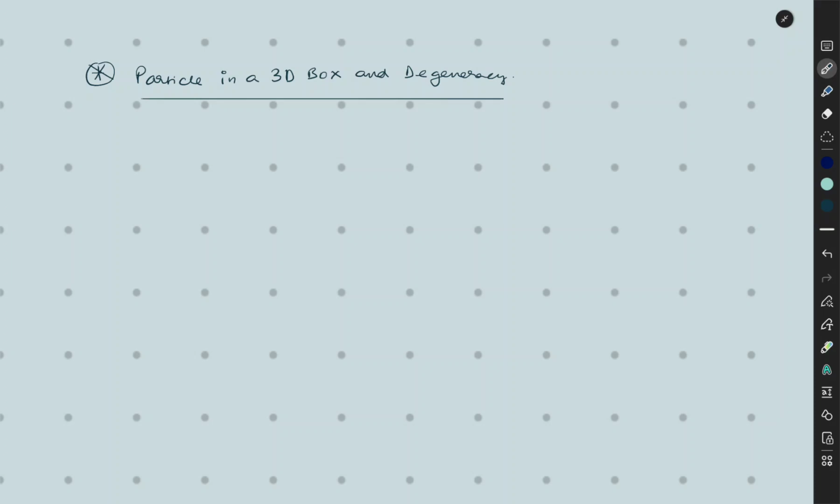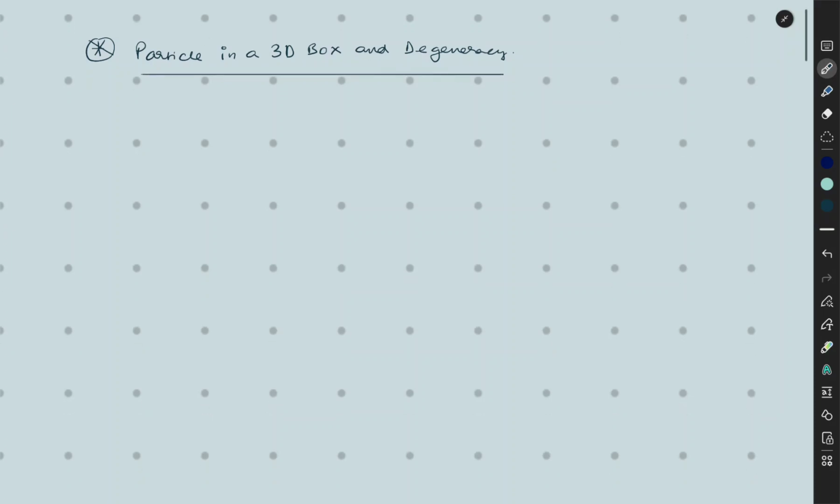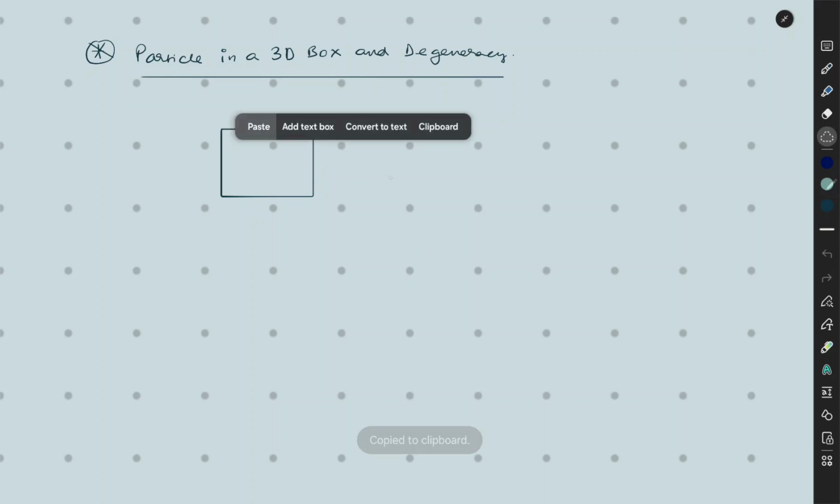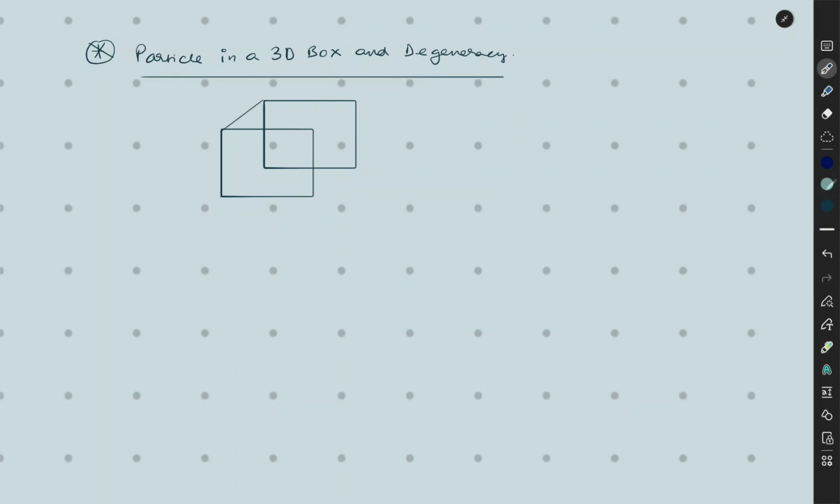So let us start. First we will go with drawing a cubical box, that is a 3D box. Let us suppose this is a square of equal lengths. So this is a square box and this is a cube.